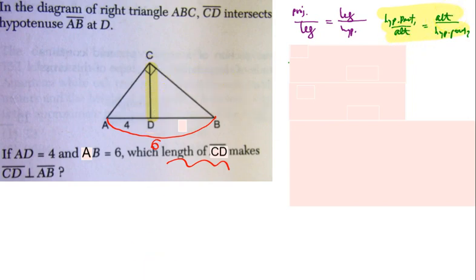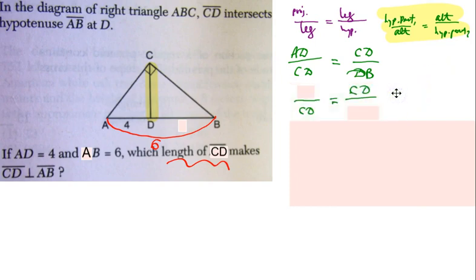So CD is written in the place of a mean proportional, and the other two terms of the fractions in your proportion would be one part and the other part formed on the hypotenuse.